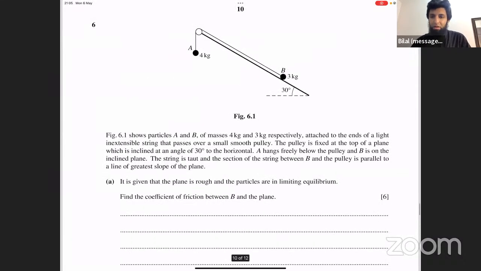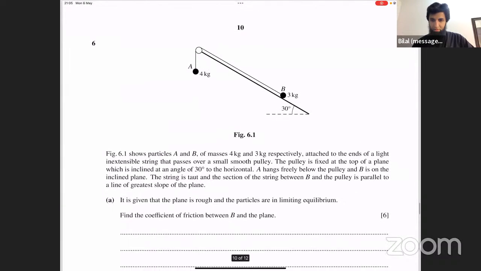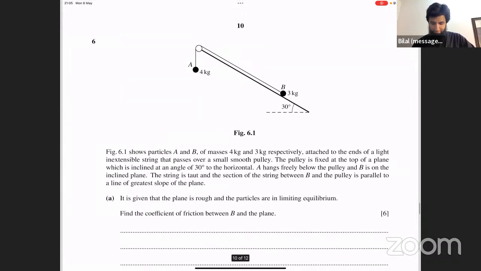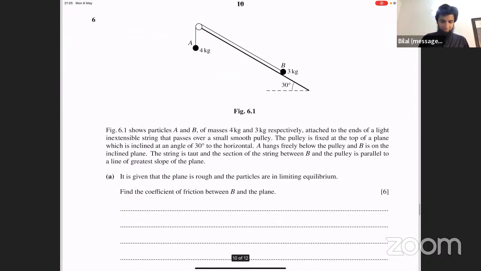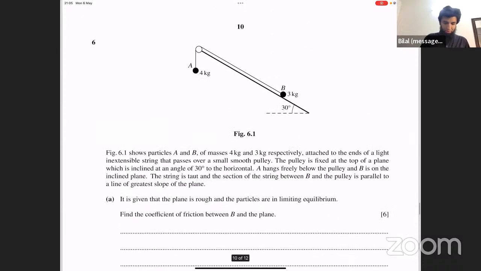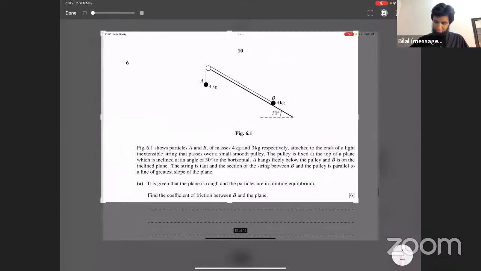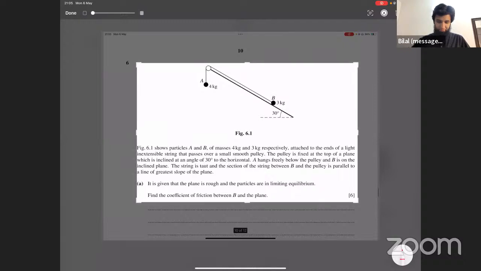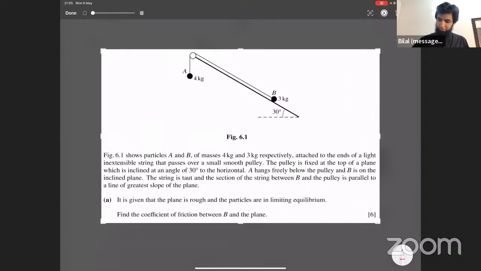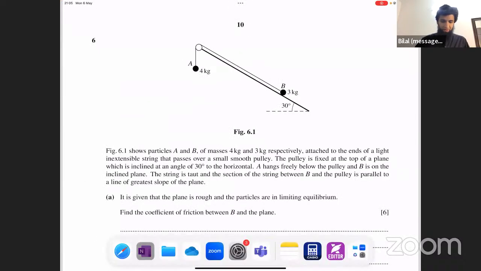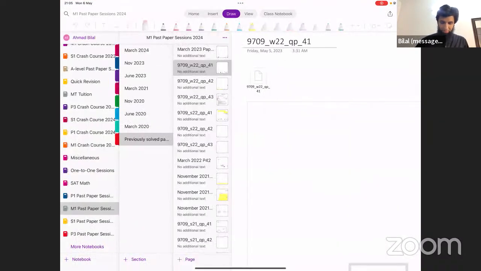Okay, this one. Question number 6 from November 22, paper 4, variant 1. Okay, let's have a look at this quickly. Looks like a good one. And it's in work, energy, power as well. The second part of this is least. Let's try this one.